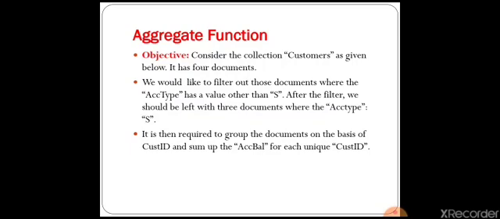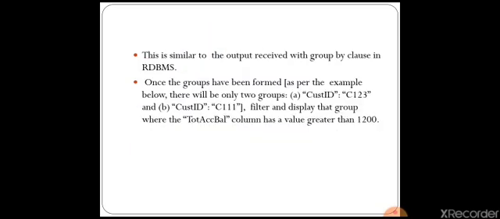Let us say our aim is to find the documents with account type S, and then filter so that the account balance must be greater than 1200. This is similar to the output received with the group by clause in the RDBMS.